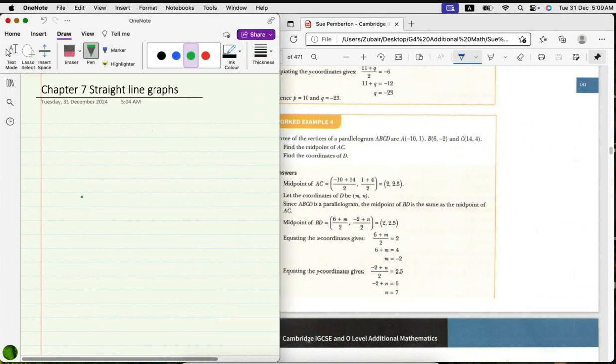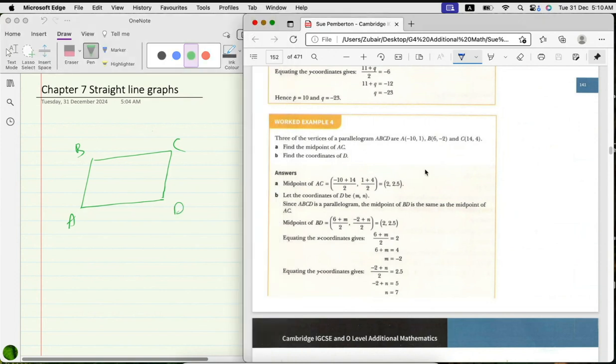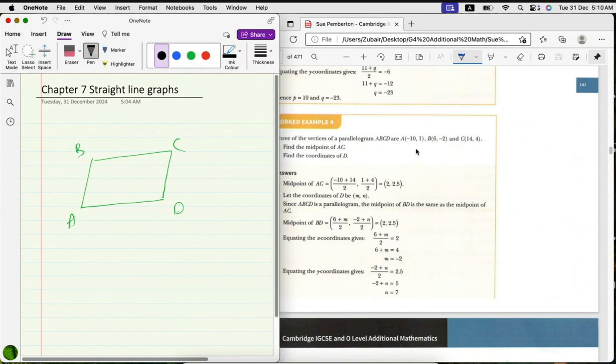Roughly, if I say that this is the parallelogram ABCD, irrespective of whatever the coordinates are, ABC is given, and he's asking about the midpoint of AC first. So the midpoint of AC is right there.